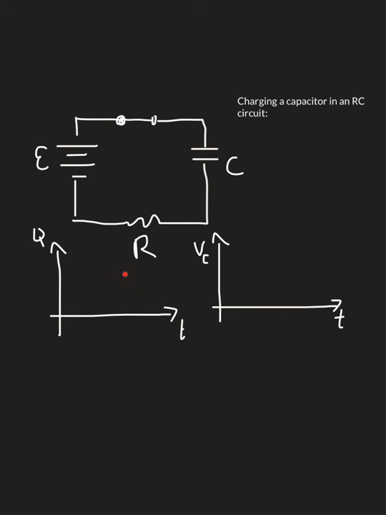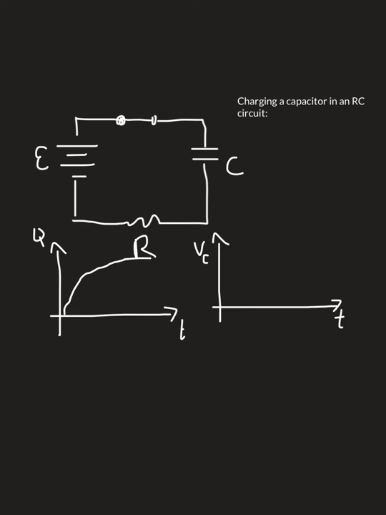So in the graph of charge versus time, we begin at 0, and then the push begins, and we put more and more charge on the capacitor. The amount of charge that we put on the capacitor approaches a maximum value. It approaches it asymptotically. It never actually reaches that maximum value. It just gets slightly closer and slightly closer.